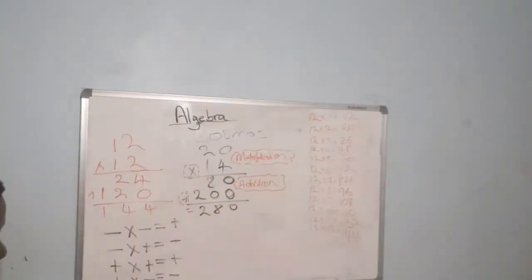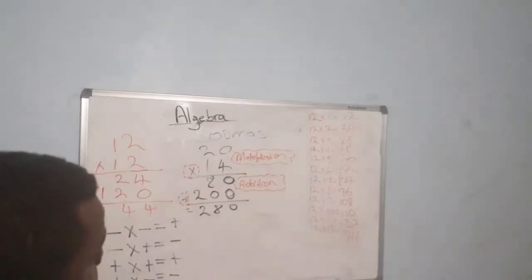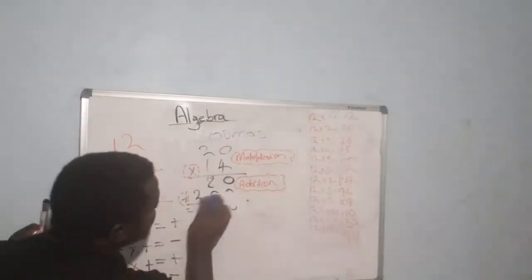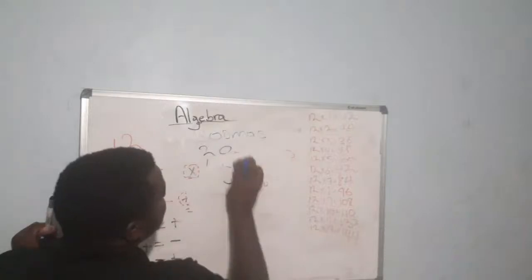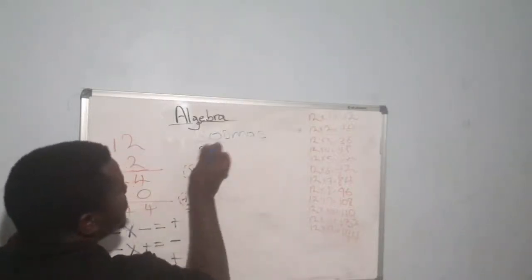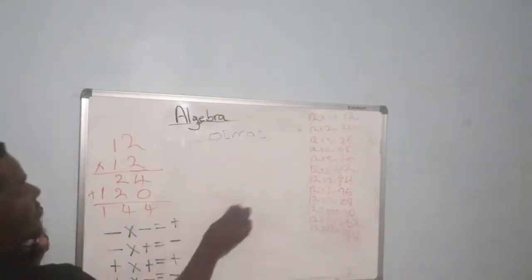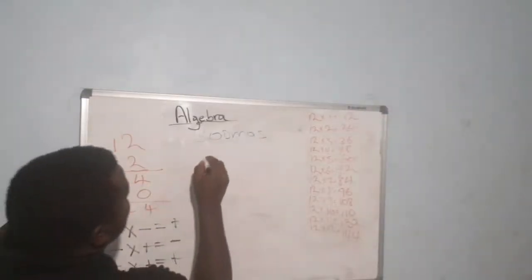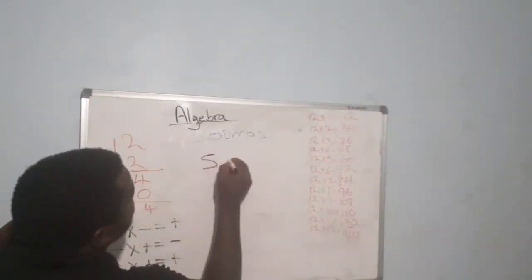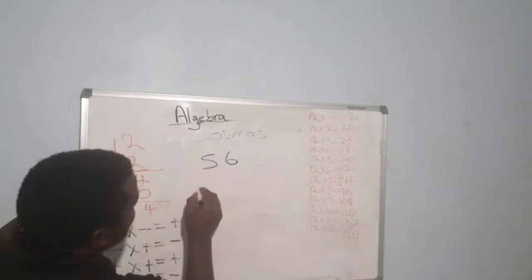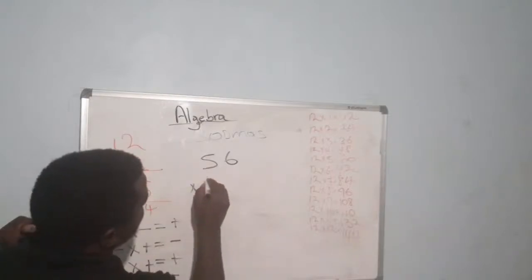Alright? So another one, for instance, 56 times 30.